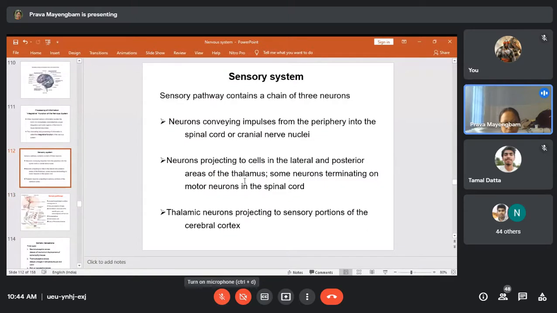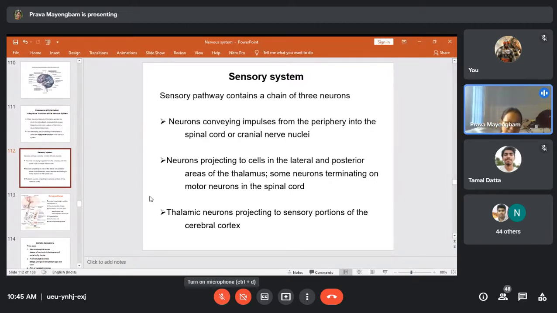The next few topics will be somewhat difficult to understand. You have to read 2-3 times, then it will be clear. This is about how the information is processed: how information is received from different portions of the body, how it is carried to the higher centers in the brain, how it is integrated and processed there, and in response to that, how information is again given in the form of motor activities.